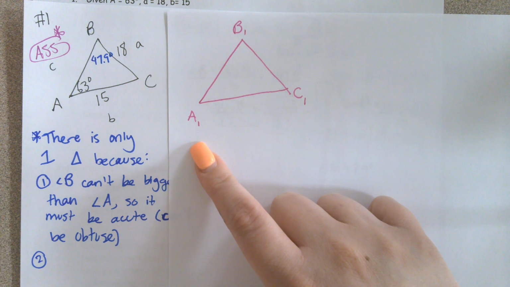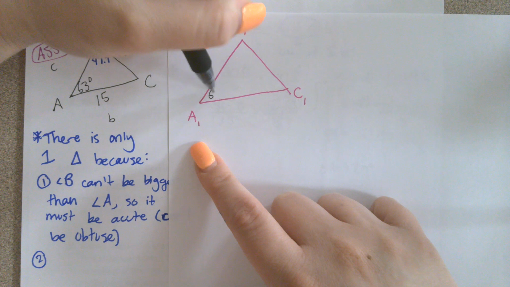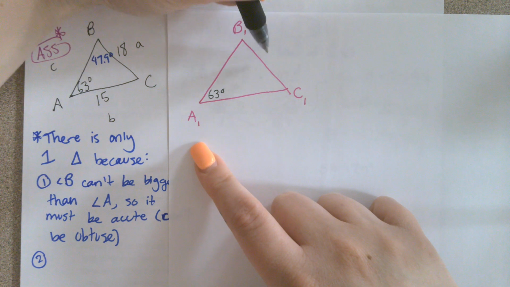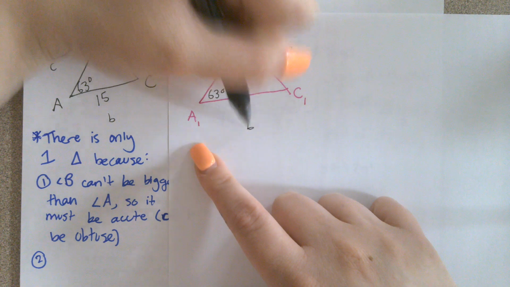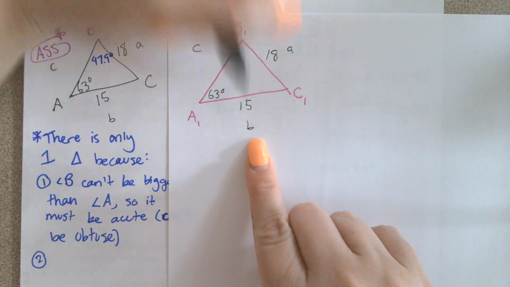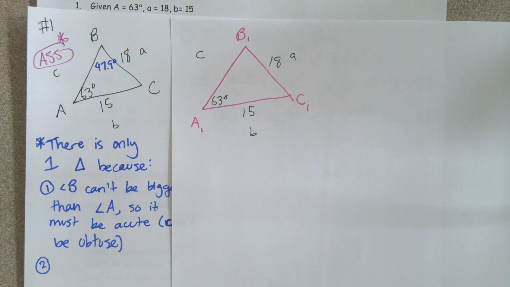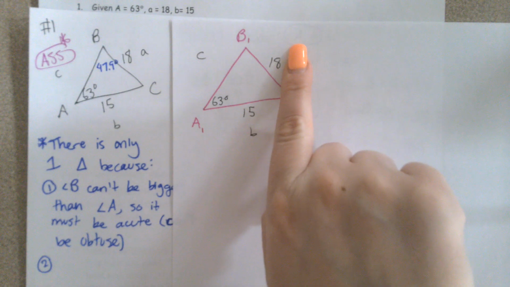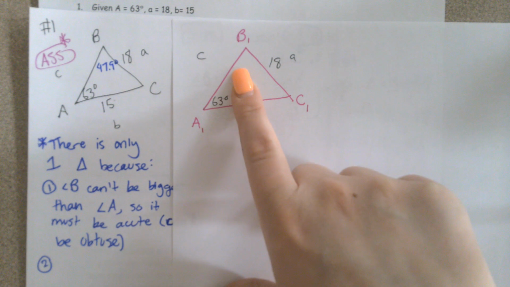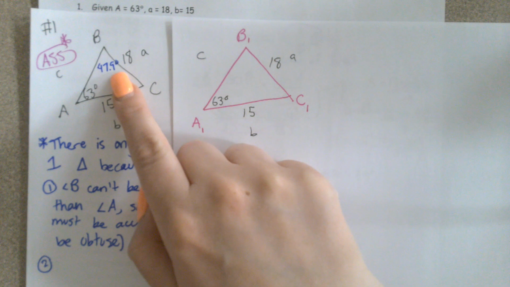So I'm going to fill in the given info. A was 63 degrees, little a was 18, and little b was 15. So this information does not change. And then from here, we're trying to argue we can get a second triangle with the same information. So you start by getting your angle B. If we try to solve for it, we're going to end up with the same number.